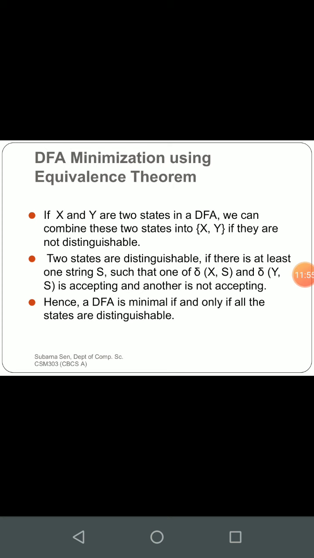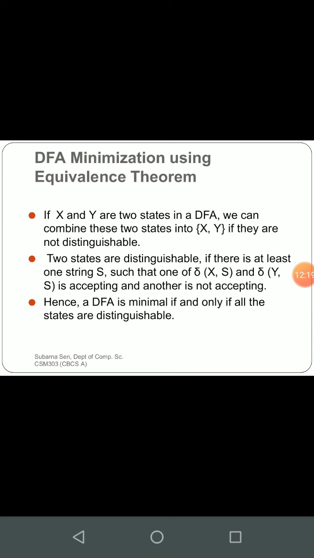So two states are distinguishable if there is at least one string S such that one of the transitions leads to acceptance and the other does not. You can see here x and y are states and we are putting the same input symbol. For that we have to pick up the transition value, and we have to find out which strings they are accepting and which they are not accepting. We'll see in our example.